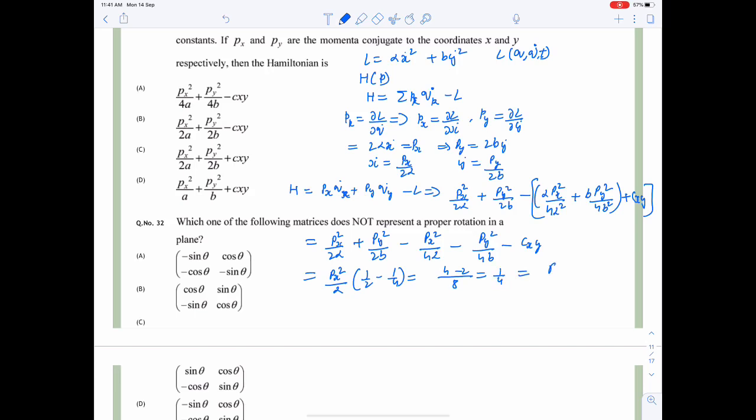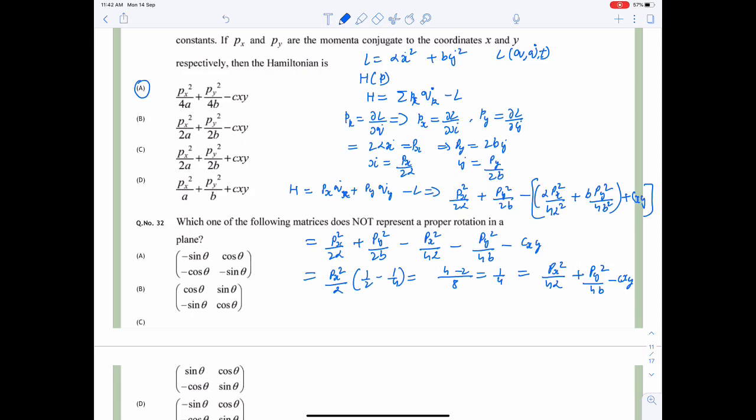So px square by 4 alpha. Similarly for this, you will get py square upon 4b. Okay, and here it will become minus cxy. So the answer is your A. That is, I have done it correctly.